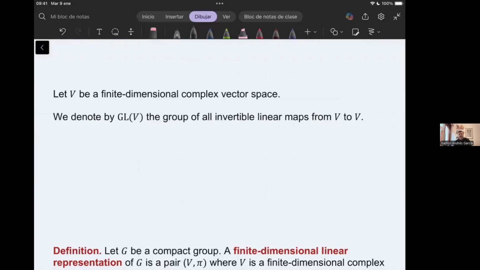So the first thing is, what is a transformation of this vector space? It is just an invertible matrix. So first we define GL(V). What is GL(V) for any vector space? For any finite dimensional vector space, it's just the space of invertible linear transformations.